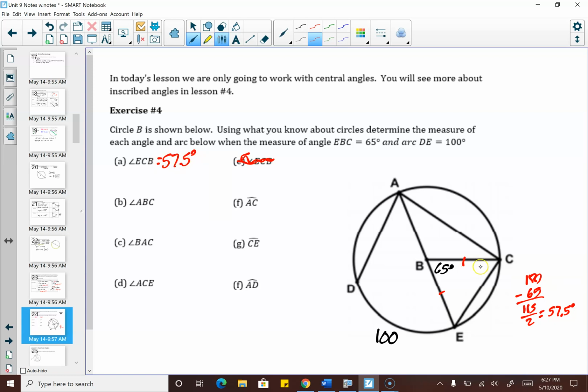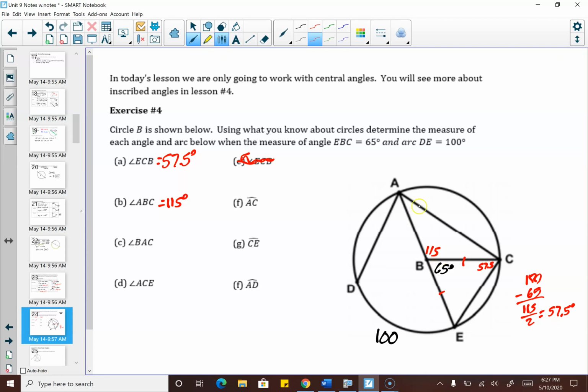That was just isosceles triangle rules, based on the fact that we have two radii. What about angle ABC? This has nothing to do with circles. ABE is a line, and these two angles are supplementary. So 180 minus 65 gives us 115, just supplementary angles.